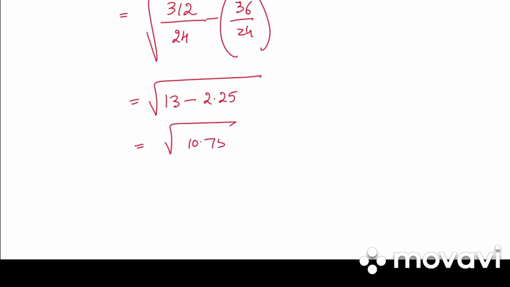Square root of 10.75, it is 3.28. Therefore, standard deviation is 3.28. Next, write down the third one. Step deviation method.